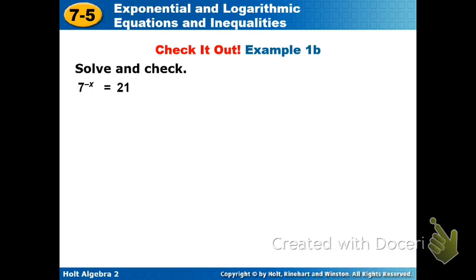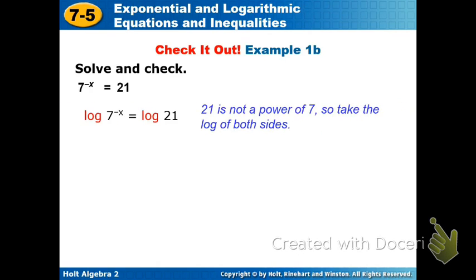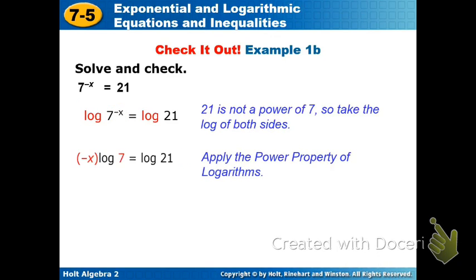Okay, this one you did not have an option, right? This one you had to go ahead and take the log of both sides. And then that enables you to do that rewrite, that power property, bring that forward. And then you divide out your log 7.